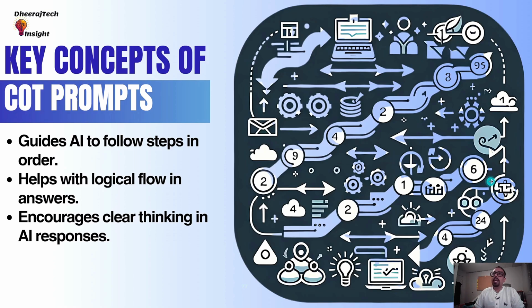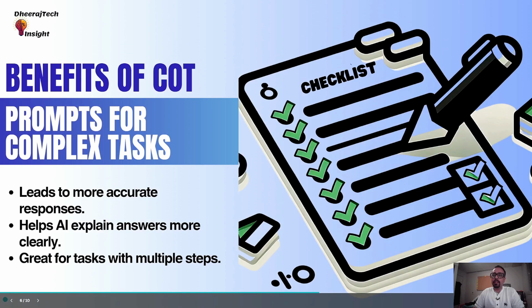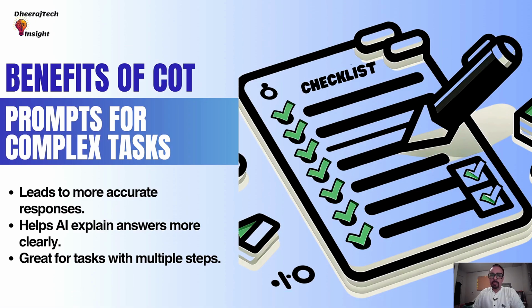Now let's go ahead and understand the benefits of COT. One of the major benefits is when a task has many parts, COT keeps everything organized, which helps avoid mistakes. For example, if AI needs to explain how plants grow, COT helps it describe the whole process from planting a seed to it becoming a tree, step by step.